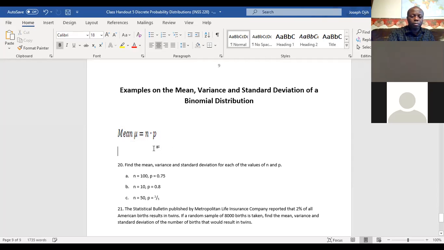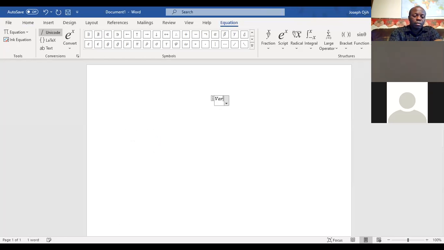Let's take the variance, and let me put the formula for the variance. Get it from the second workbook. The variance, which is sigma squared, equals n times p times q.